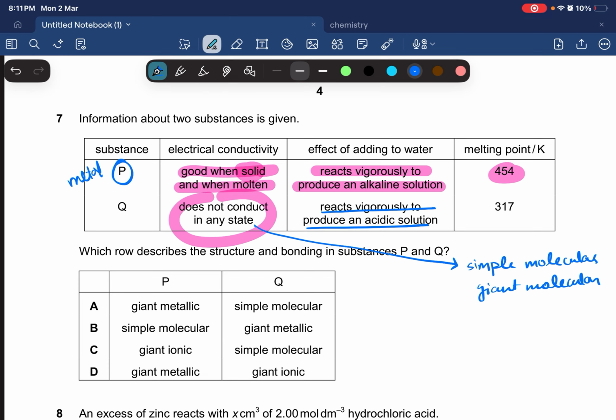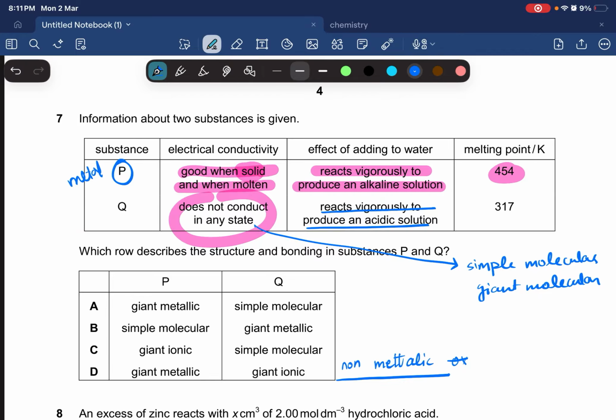Okay, we know that on adding water, non-metallic oxides, or rather non-metallic substances, produce acidic solutions.